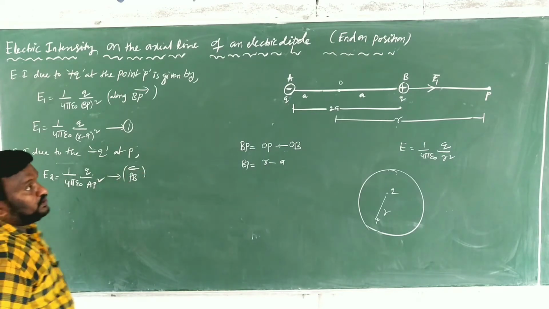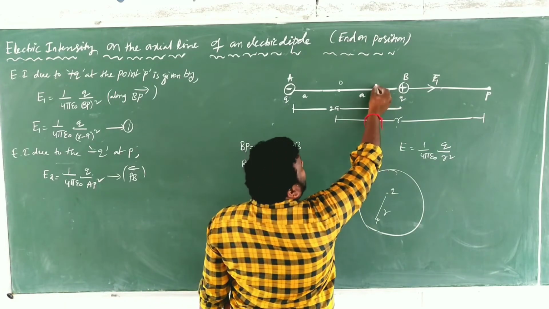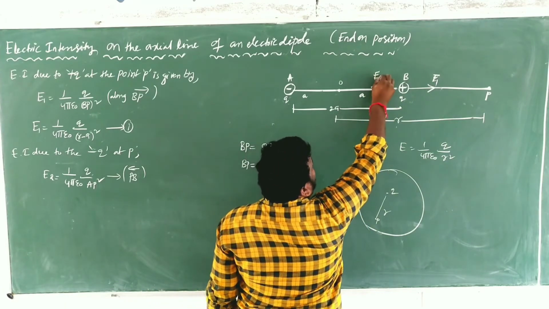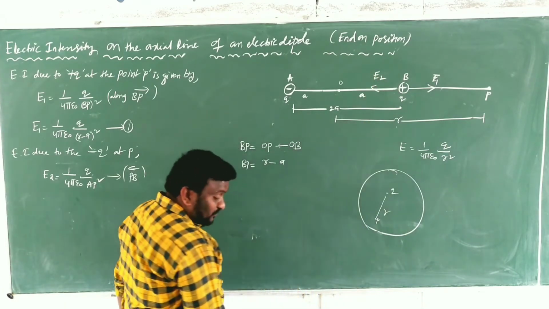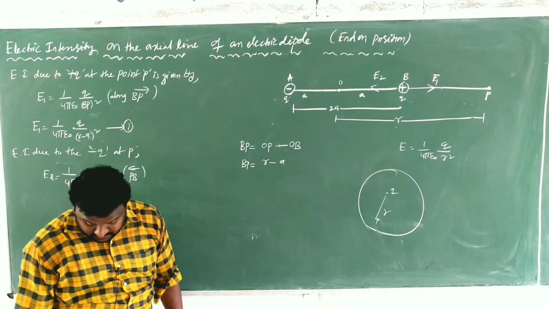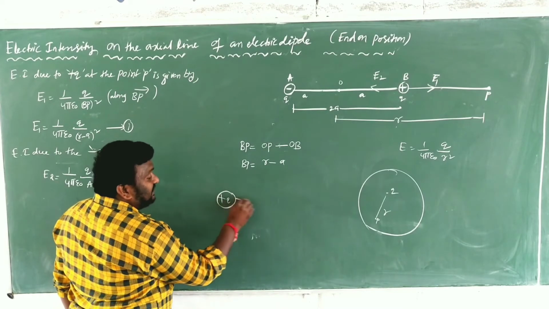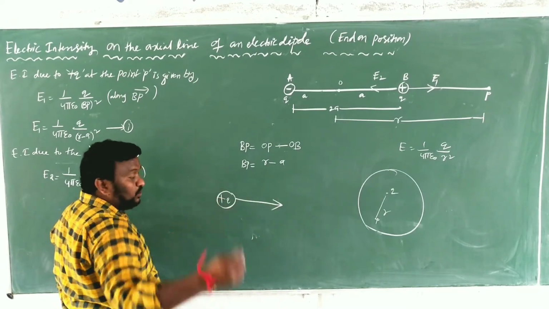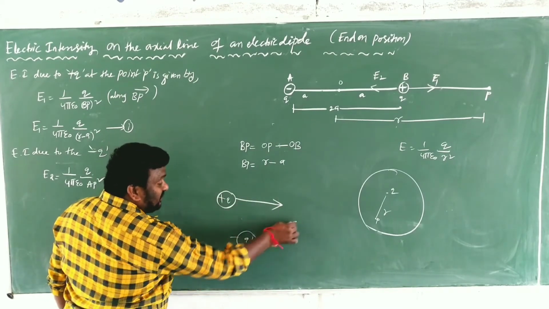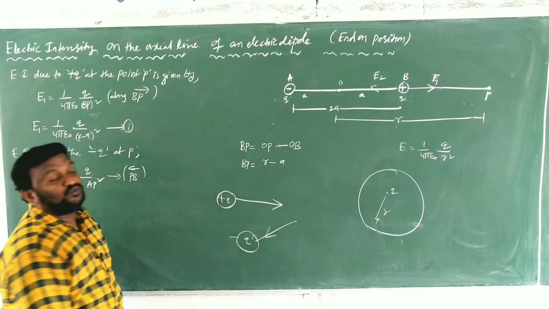It is in the direction of PB. Clear? So E2 will be in this direction, like this. According to the properties of electric field lines, we will identify like that. How do we remember? For plus Q charge electric field is always outward. For negative charge electric field is always inward.